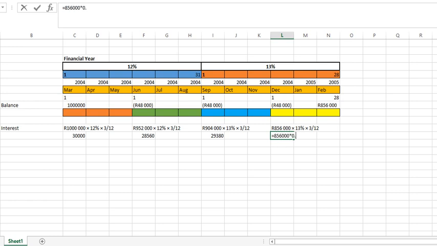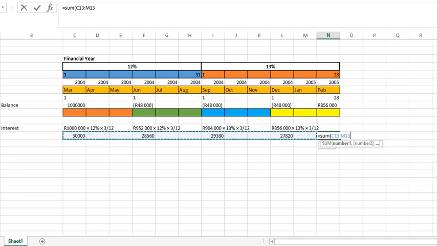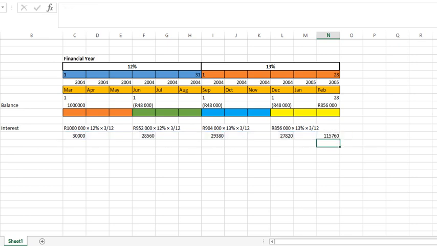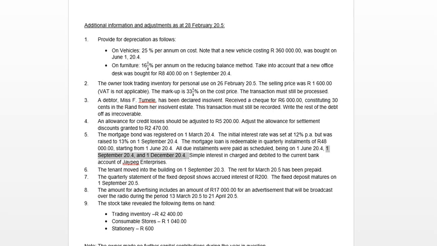So our interest is then 856,000 Rand multiplied by 0.13 multiplied by 3 out of 12 months. So it's going to be 27,850. So at the end of the financial period, our total interest expense on what we should have paid is 760.